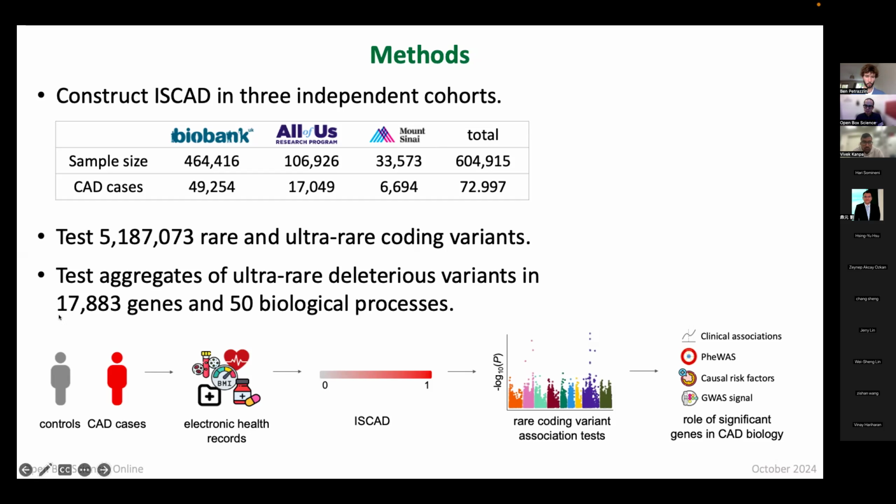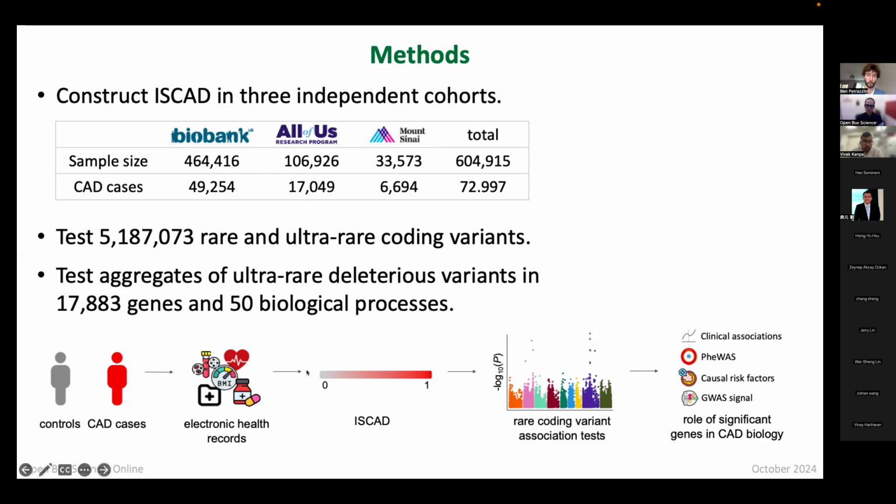I'm going to go through the workflow with these little icons. So we identify traditional CAD cases and controls, and we use those to train the machine learning models. The machine learning models learn from, as I previously mentioned, vitals, labs, diagnostic codes, and medications.